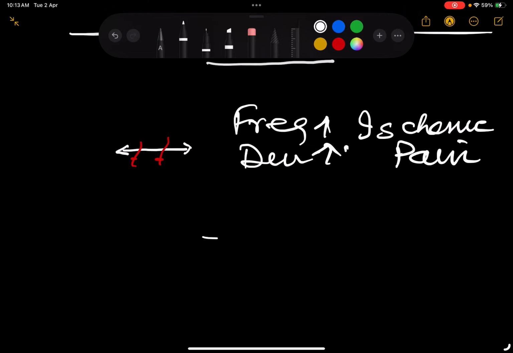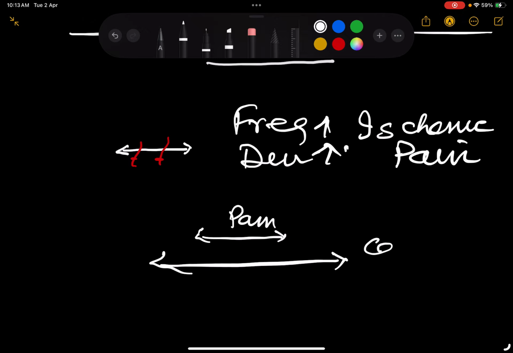So normally, if this is the duration of pain, then this will be the duration of contraction, which you can palpate.